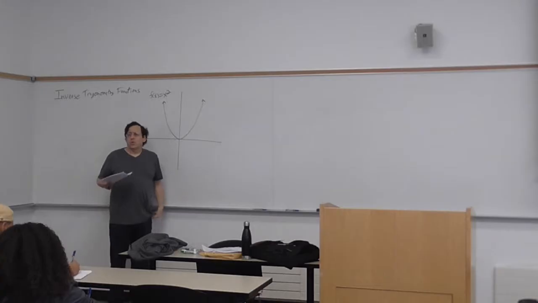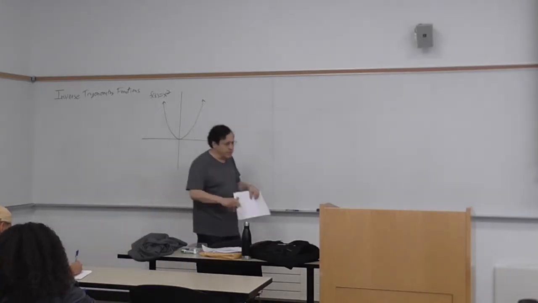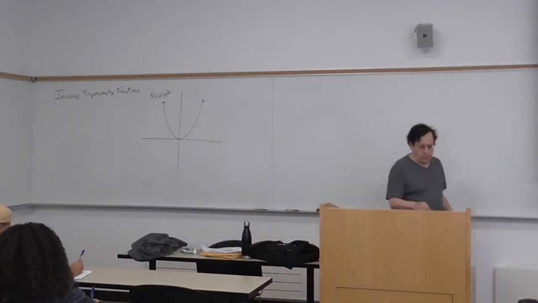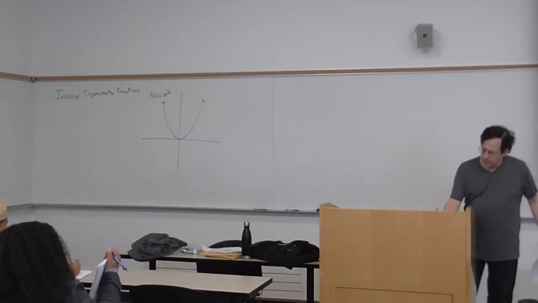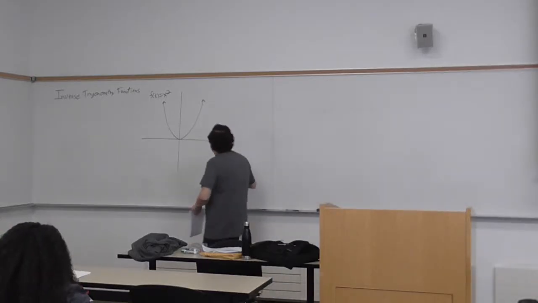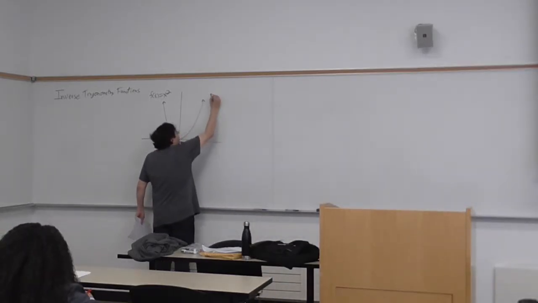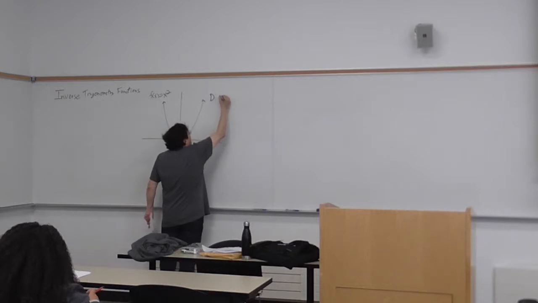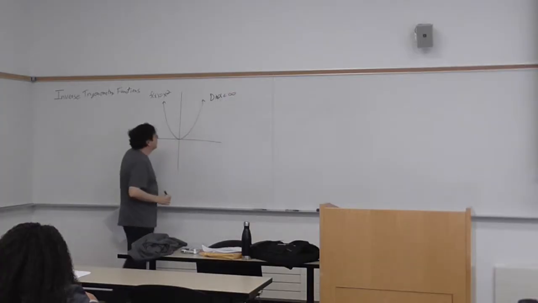Right. So, in order to find an inverse function, we first want to make this into a one-to-one function. We can do that by setting the domain to be x between 0 and infinity.